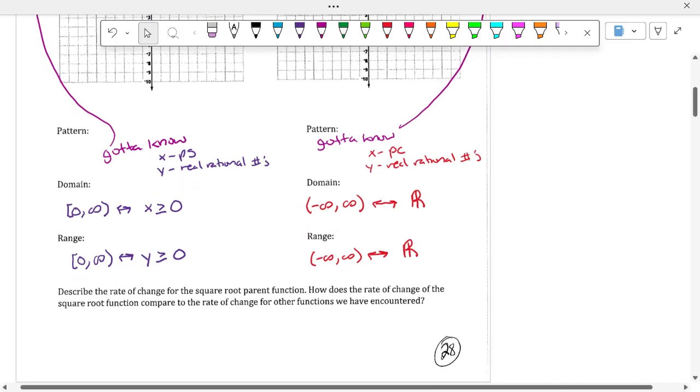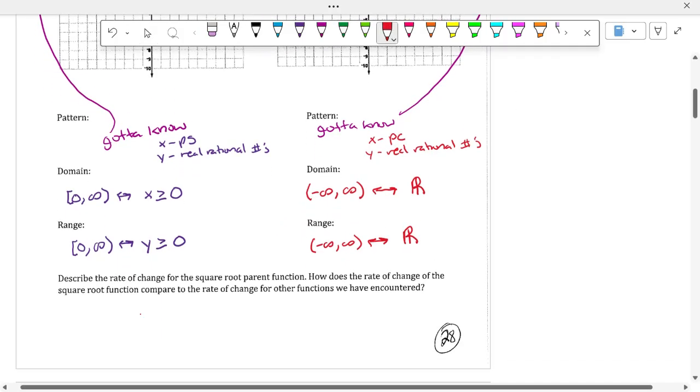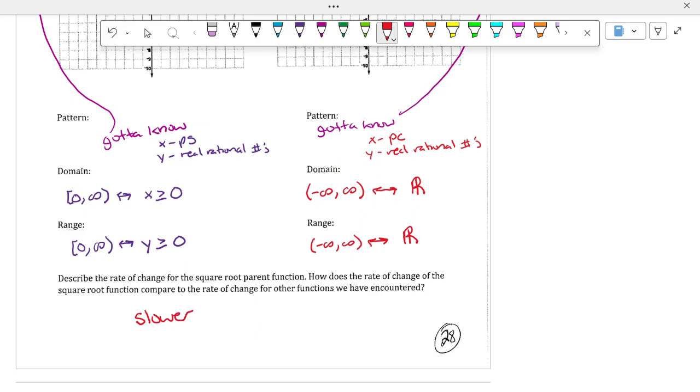In other words, it's getting bigger slower. So quadratics get big really quick. Exponential get big really quick. Even linear gets big pretty quick depending on what the slope is. But a square root function, they get big really, really slow.